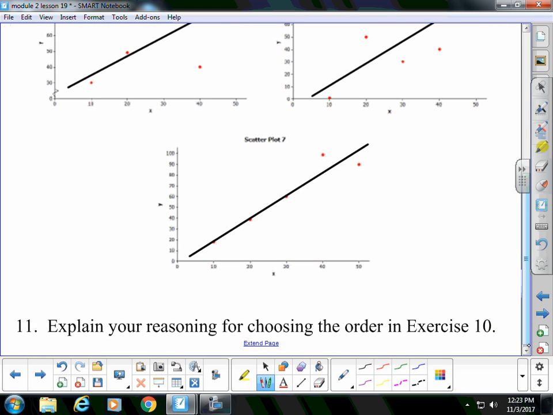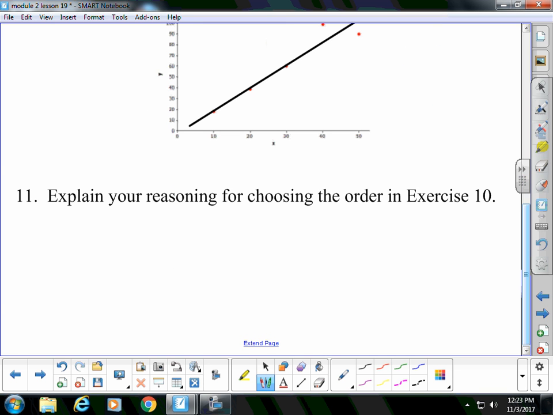Okay, explain your reasoning for choosing the order in exercise 10. So my reason is, I'm trying to come up with the best sentence.